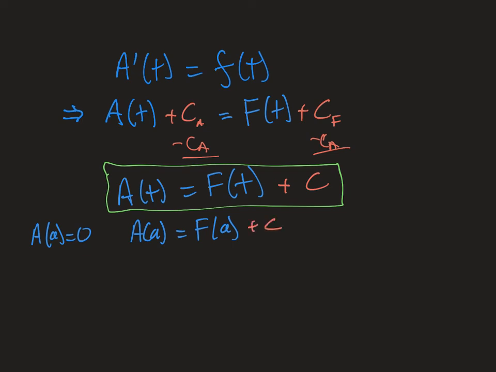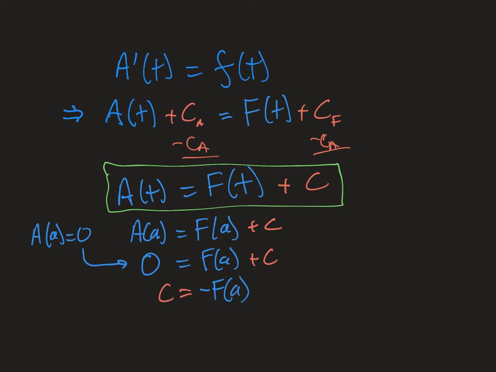And since A of a equals 0, I can substitute 0 here. And when I solve for C, I get C equals negative F of a. Okay, that's great news. So now I know what C is.